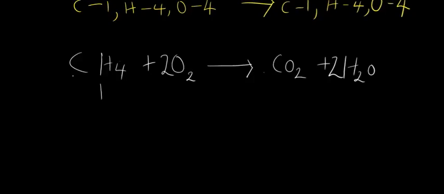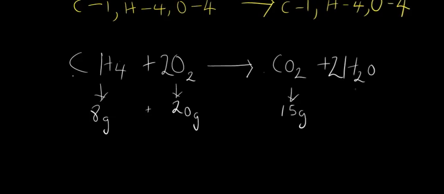Okay, so assuming we are told that 8 grams of methane combined with 20 grams of oxygen, and after that the mass of CO2 that was formed is 15 grams.